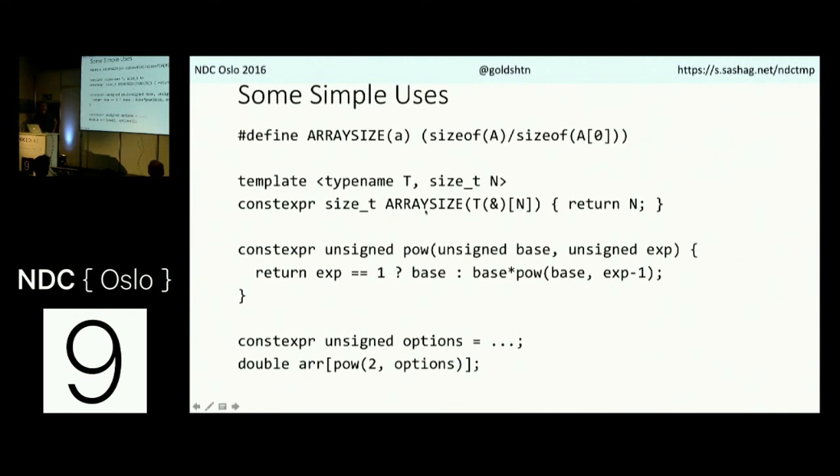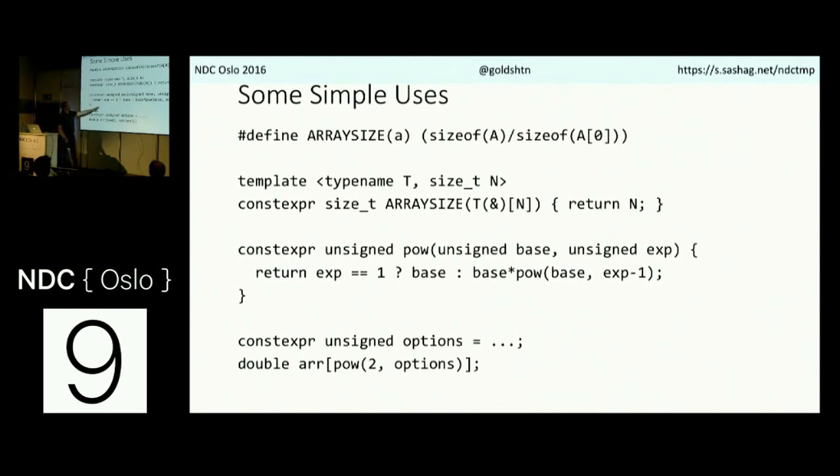And that array size can be used in compile time situations. So for example, you could declare an array whose size is array size of some other array, which is a rather common use of array size. So that's a compile time known value.